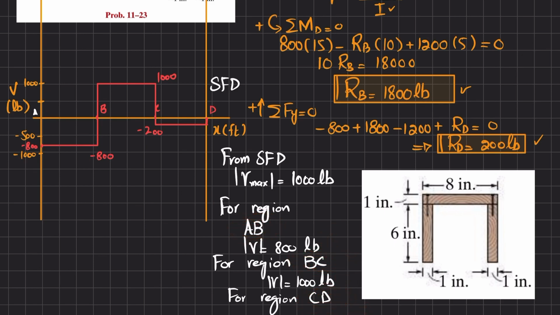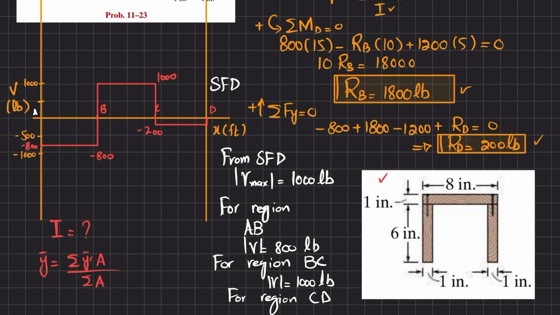Now what we will do is find I for this beam. The cross section is given over here. First of all, we will find the centroidal axis, the axis passing through the centroid, by using this formula: y bar equals the sum of y dash bar into A divided by the sum of area.